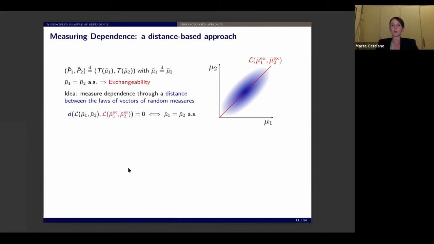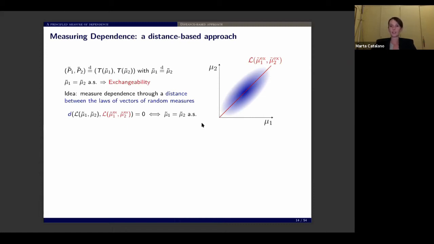So the idea is that we want to find a measure that does not depend on the particular choice of transformation T. And to do so, the idea is to recast the problem in terms of the dependent vector of random measures. And moreover, we also focus on the case where the two marginal distributions are equal almost surely, because this allows us to focus only on the dependence structure.